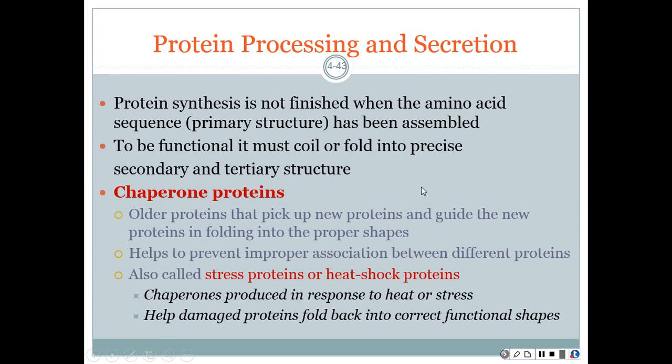All right, so we talk about protein processing and secretion. Protein synthesis is not finished. No, it is not. When the amino acid sequence, or the primary structure, has been assembled, to be functional it must coil or fold into precise secondary and tertiary structures.